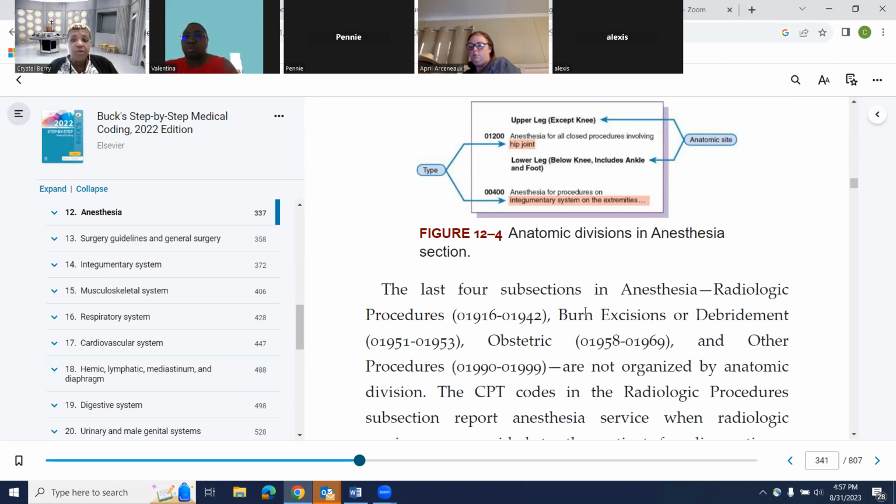Right, so it starts here. The last four subsections in anesthesia start from radiologic procedures, 01916, then burn excisions or debridement, obstetric, and other procedures. So it starts from radiologic procedures, 01916, all the way to 01999, and these are not organized by anatomic divisions.